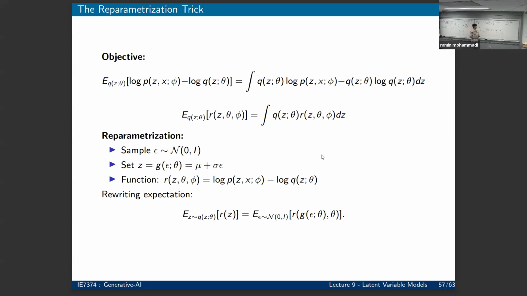And we call this R of Z. We're just going to call it R for simplicity.